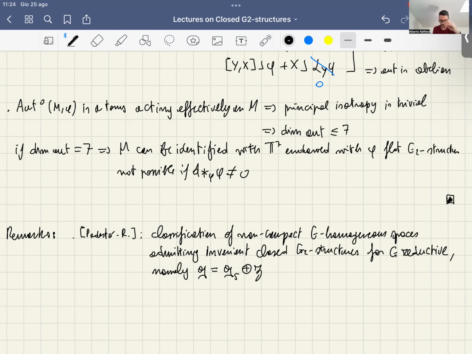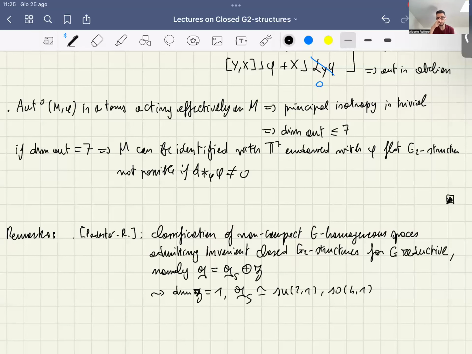And in such a case, you can show that if you assume the action to be irreducible, so if you assume that no normal subgroup of G acts transitively on the manifold preserving the closed G2 structure, then the dimension of the center is necessarily 1, and the possibilities for the Lie algebra of the semi-simple part of G are either SU(2,1) or SO(4,1).